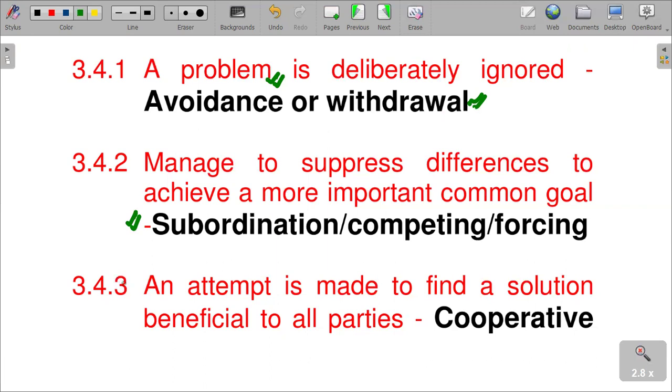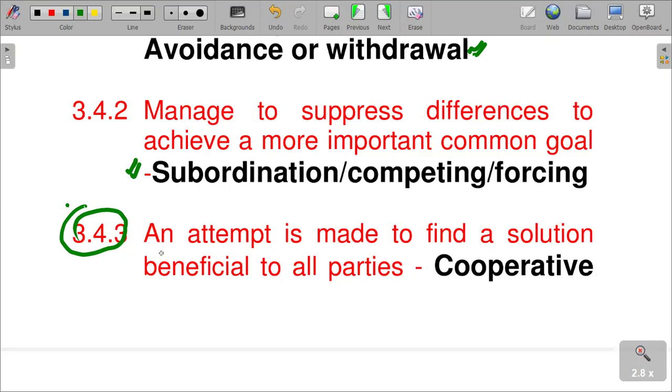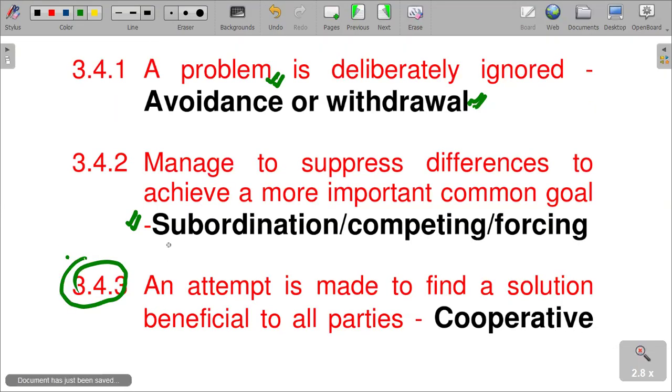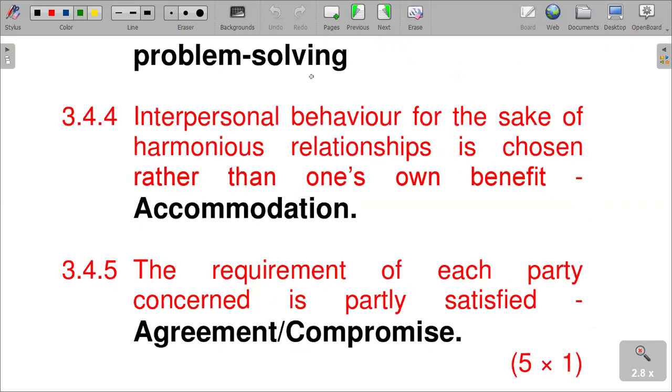An attempt is made to find a solution beneficial to all parties. What we call that is cooperative problem solving.